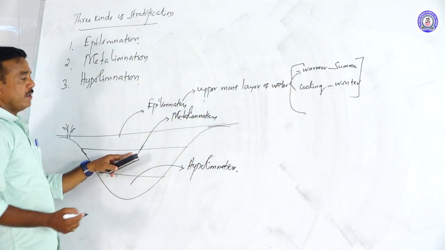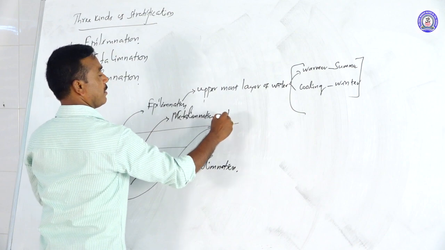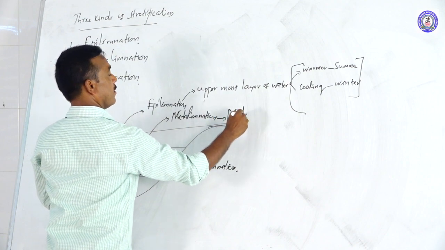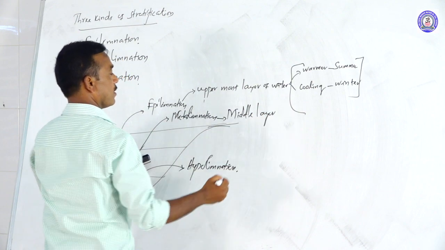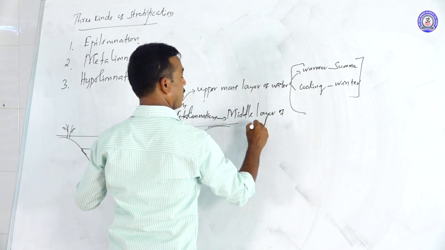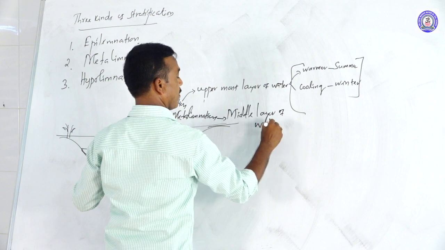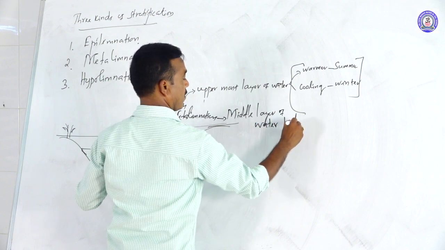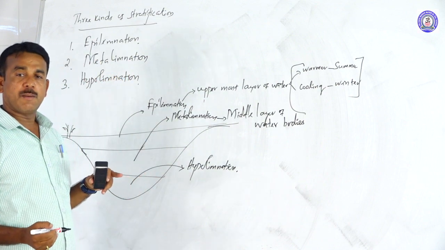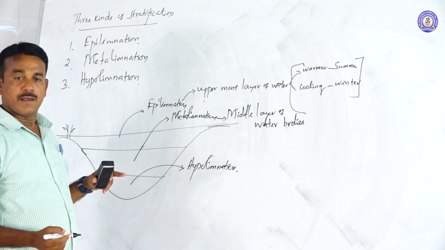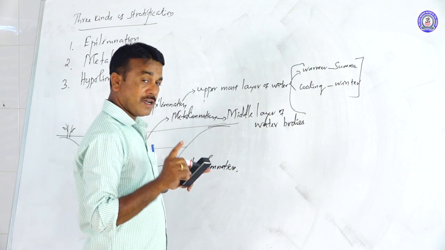The second one, metalimnion, is the middle layer of water bodies. Its specification is that temperature fluctuations occur in this zone. Right? Temperature fluctuations occur.